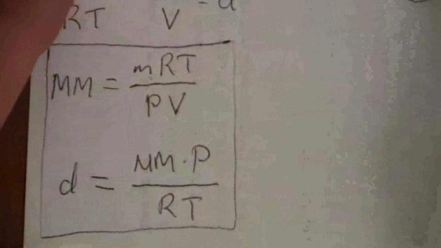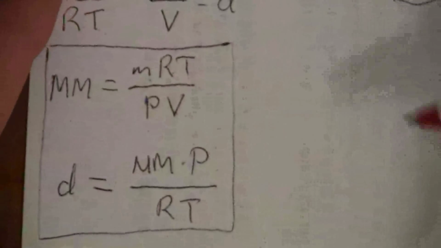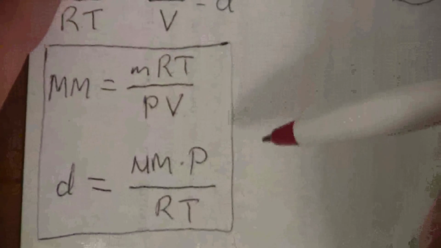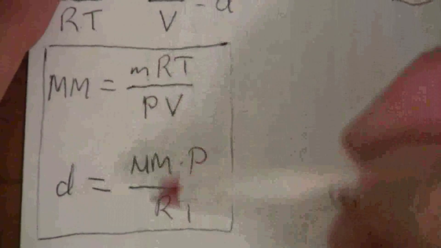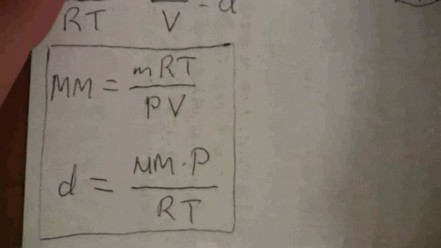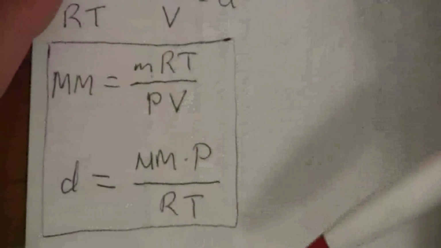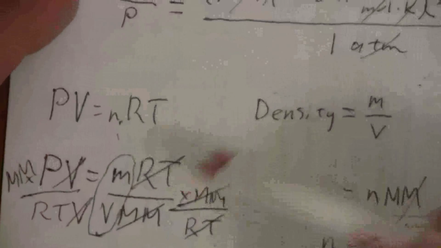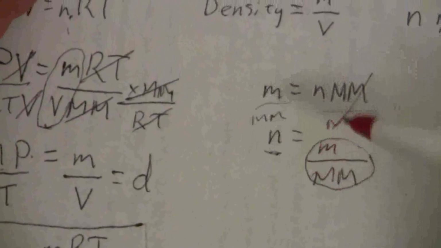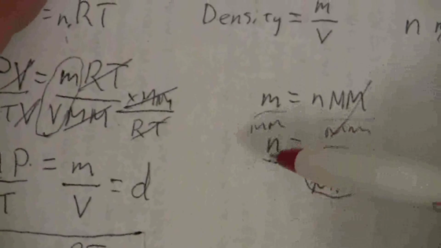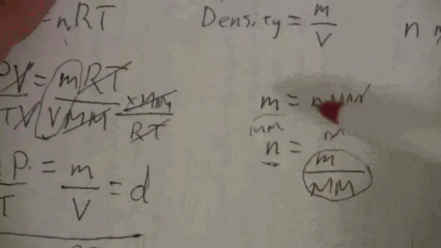You notice we use a lot of algebra in this section on gas laws, a lot of manipulation of this equation and other similar equations, but nothing really fancy, just a little bit of substitution, given that density is mass divided by volume, and the molar mass also, substituting that in and finding our moles.